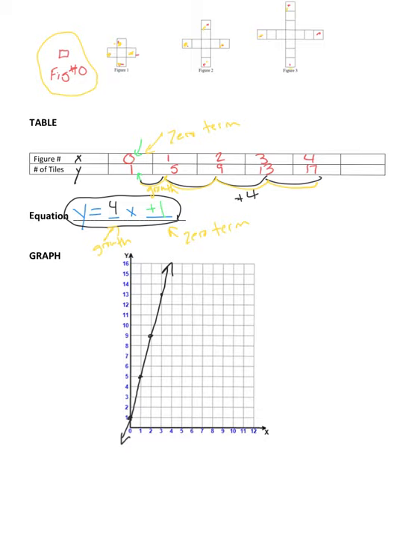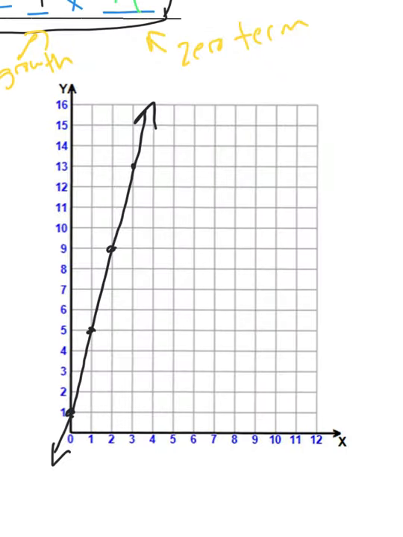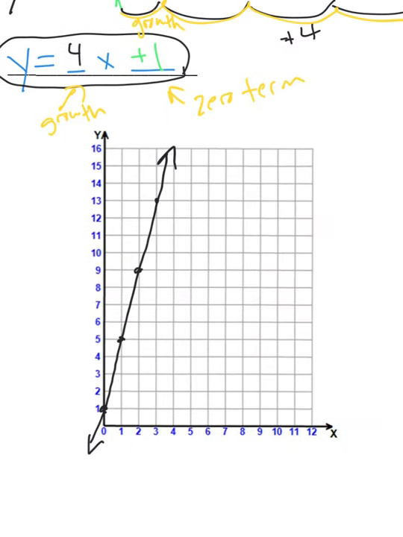Okay, and the most recent one we've looked at now is the graph, which shows us here is our 0 term. This is also called the y-intercept, meaning that it intercepts the y-axis there, where the coordinates are 0, 1. So my 0 term is 0, 1.